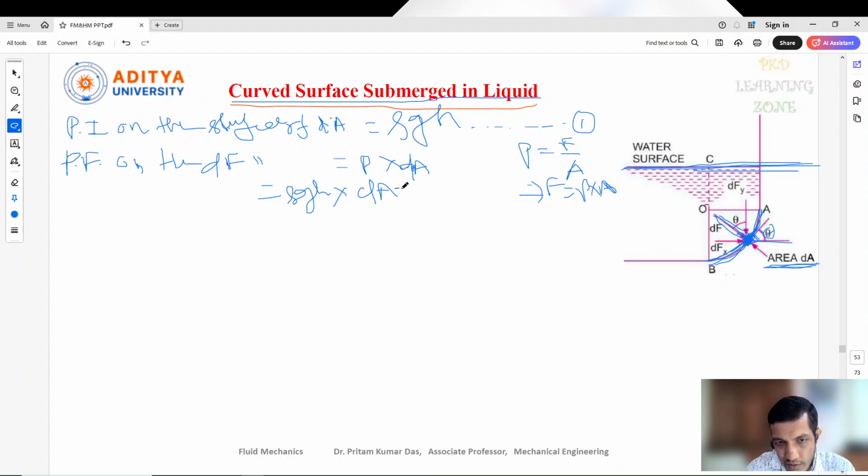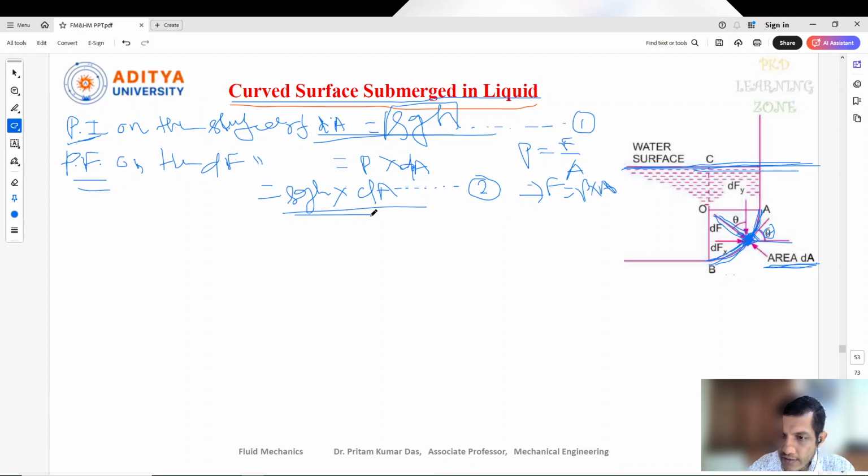We can mark this as equation 2, and the earlier one as equation 1. Up to this we have done previously, and we got the same thing: the pressure intensity formula rho gh, and the pressure force on the small area is rho gh into dA.